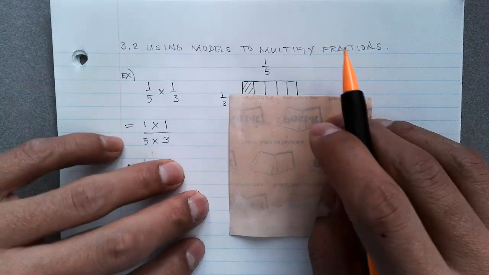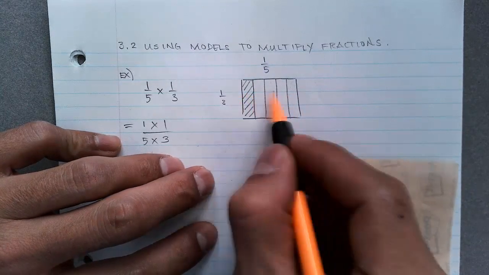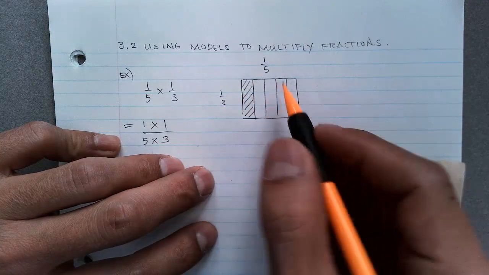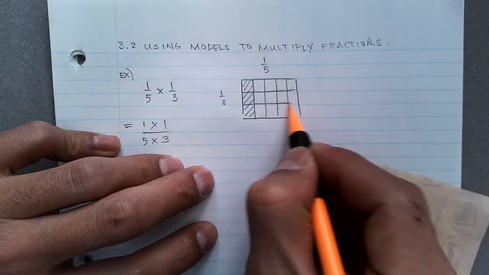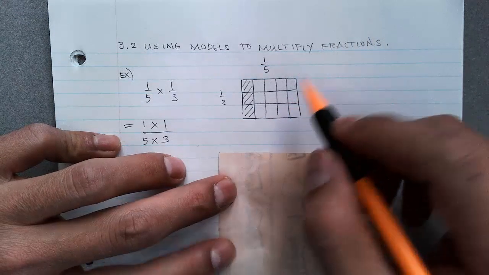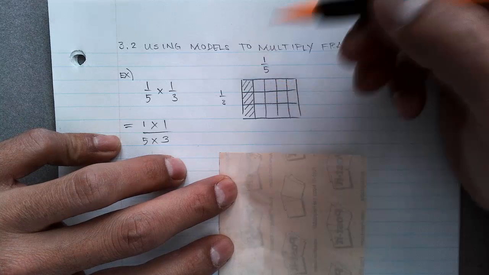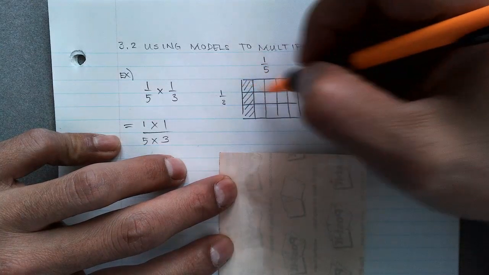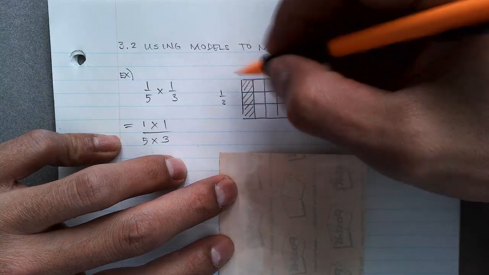Now I'm going to divide this width horizontally into thirds. I'm just going to draw 2 lines here, which is already on a ruled line. And now I'm going to shade what 1/3 might be, which I could shade up here, in the middle, or down here, but I'm going to stick with the top one.